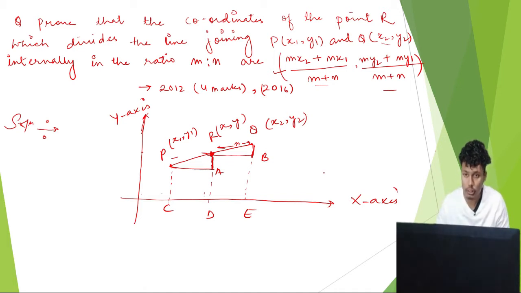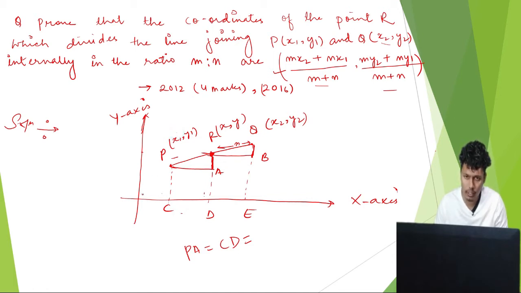Now from here let me write down something. Let me find the value of PA. What will be PA? PA is equal to CD, which will be equal to this distance PA in the x-axis.